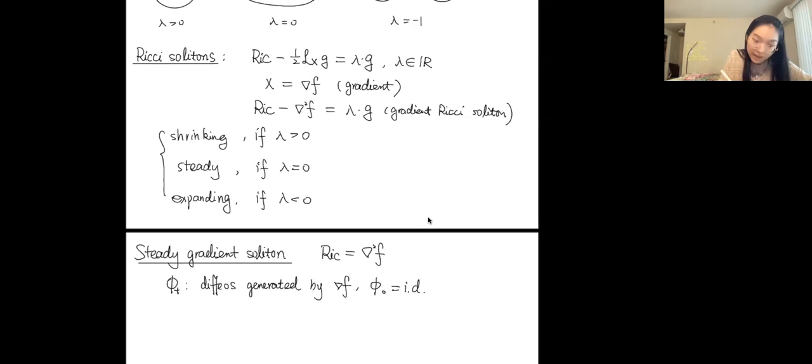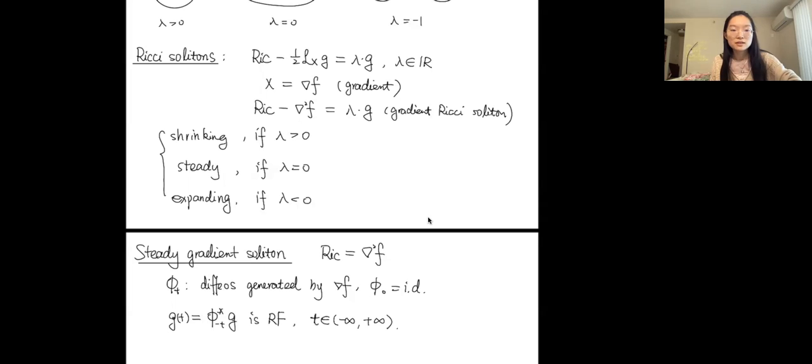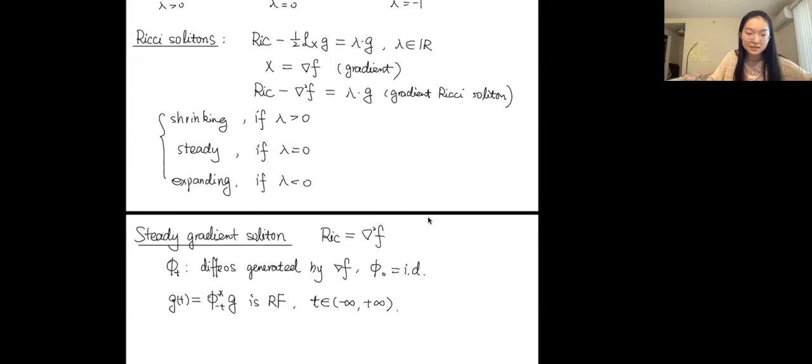And then we just pull back the metric by this family of diffeomorphisms to get a family of new metrics. We can check directly that this satisfies the Ricci flow equation, and it is defined for all times. So this is the Ricci flow associated with a steady gradient soliton.